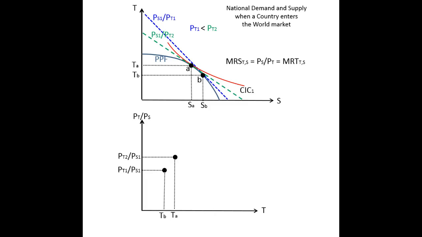PT1 divided by PS1 is less than the original one, and therefore we want to produce a smaller amount. If we combine this with all other parts from the first diagram, we can derive the national supply like this one.